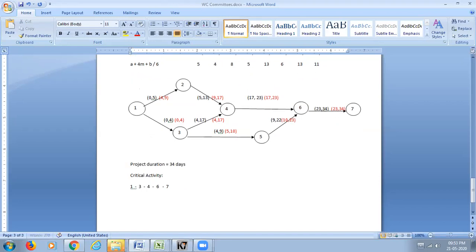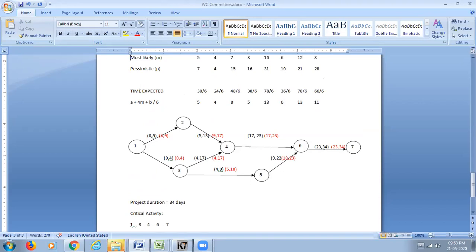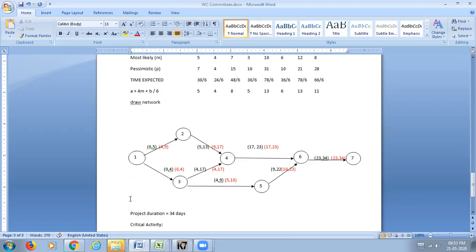See, after this, the next general question they are going to ask you, apart from the network, which is the regular question, is to find the project duration.